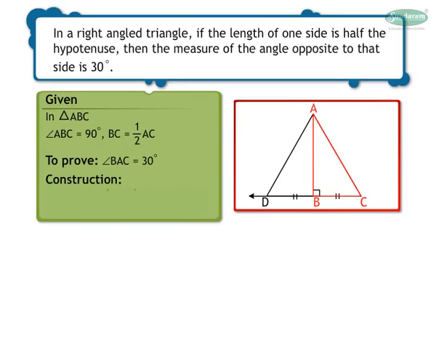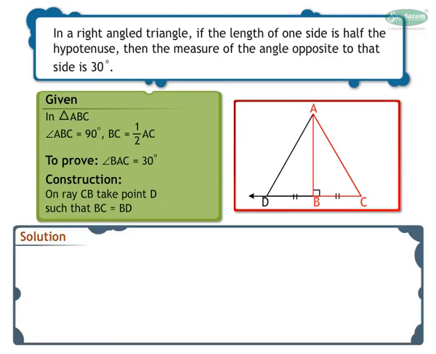Construction. Let us take point D on ray CB, such that BC is equal to BD. Let us see the steps of the proof. According to the construction, BC is equal to BD. Therefore, point B is the midpoint of segment DC.